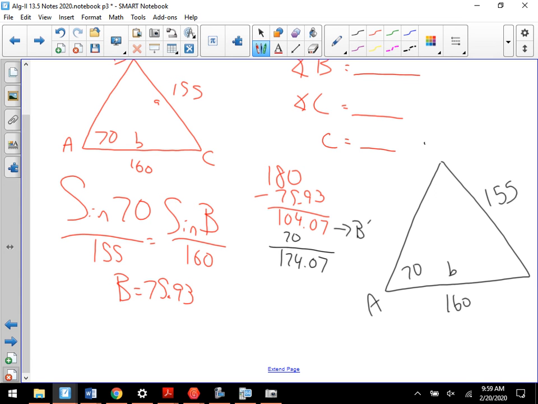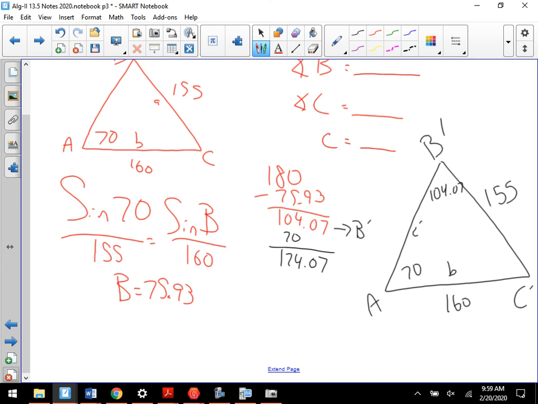Your B prime is 104.07, which means your C prime would be different, which means your little c prime would be different. So once you get to here, you just make the same triangle with the givens, put your prime there, and resolve the other two parts. That's all you have to do.